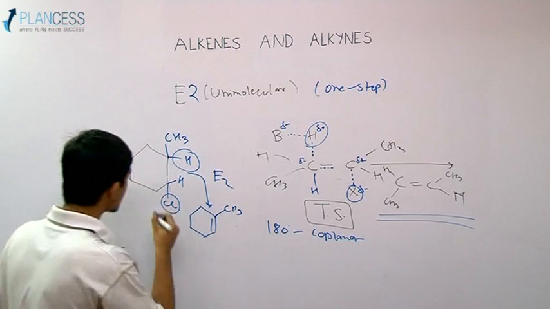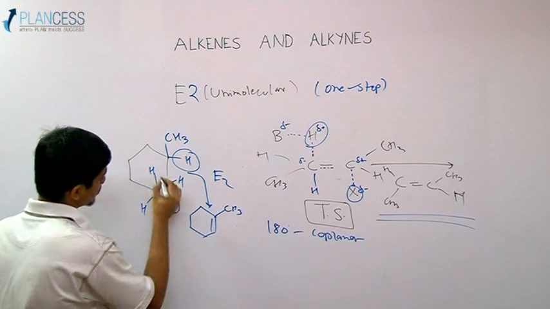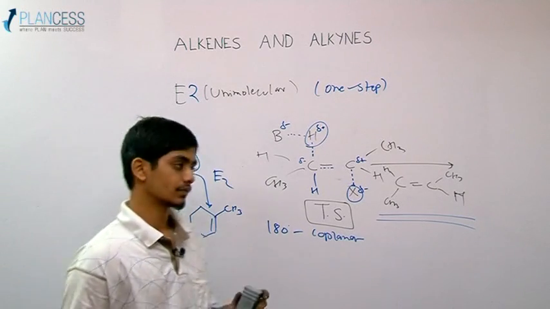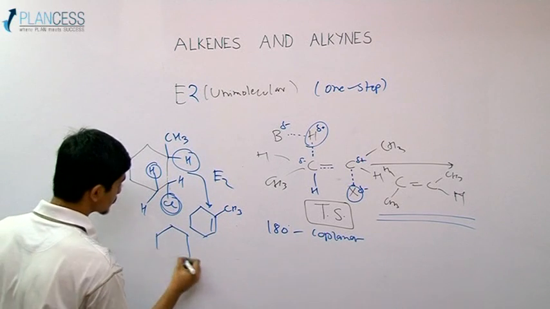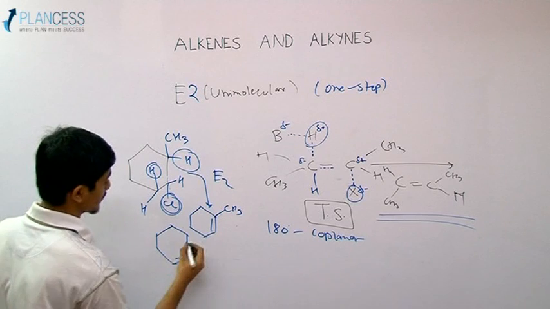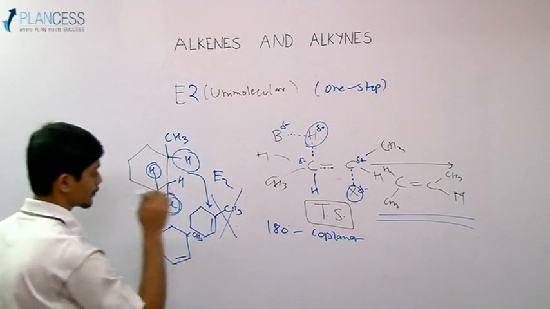But we can have elimination from this hydrogen and this Cl because now they are anti to each other and in the same plane. That is very, very important, so that the elimination takes place, and what we observe is we get a product which is something like this with a CH3 and not this type of product.